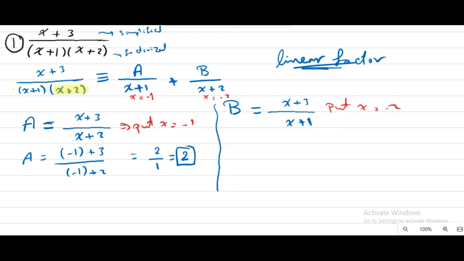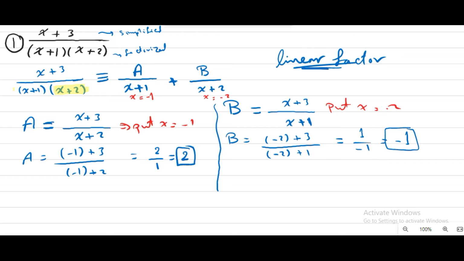So here B equals (negative 2 + 3) over (negative 2 + 1), equals 1 over negative 1, equals negative 1.